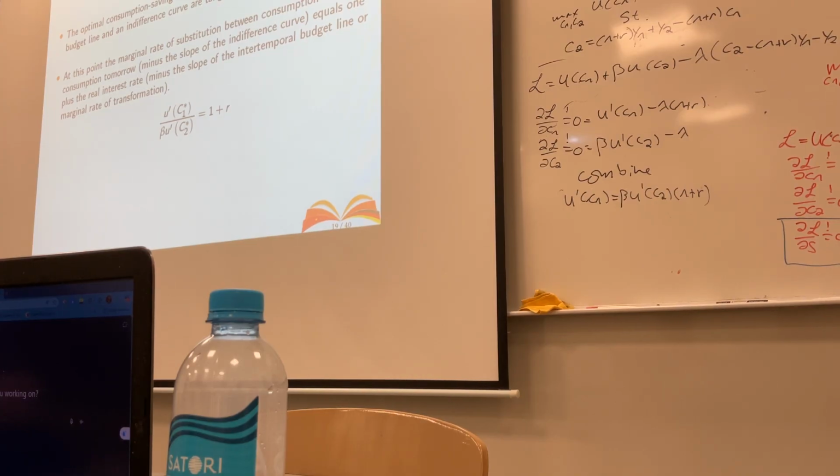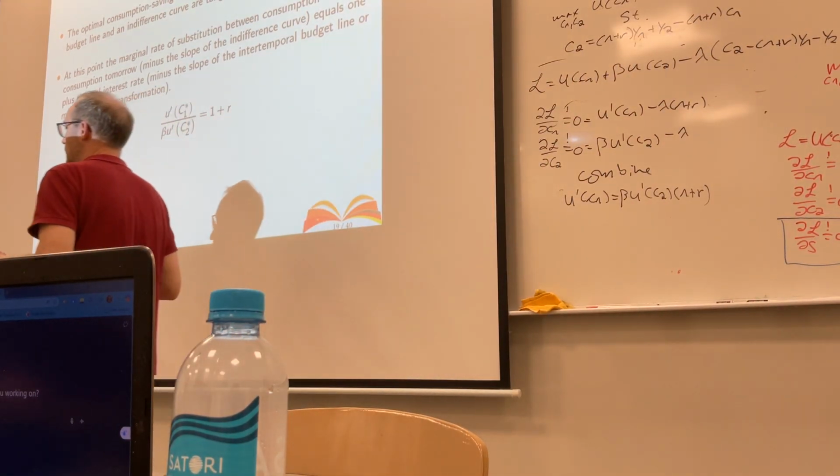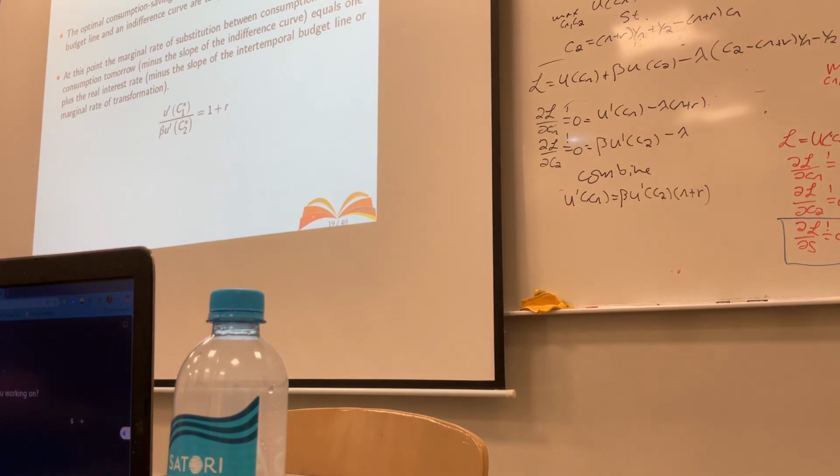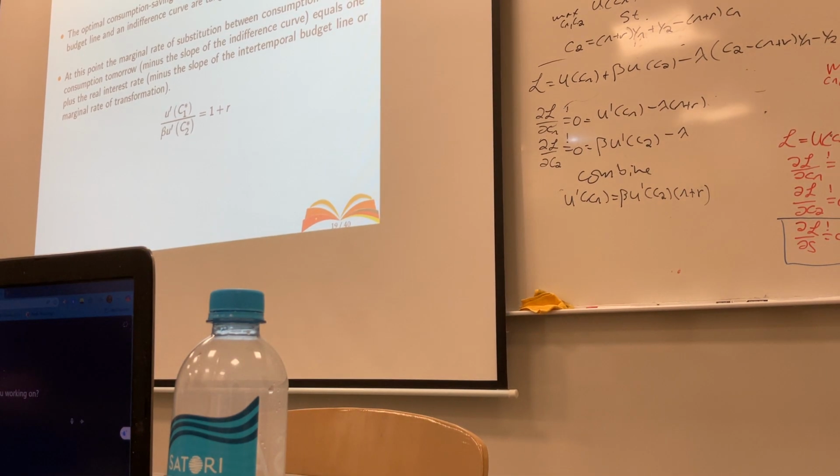And this tells me about savings. Well, I want to equate the shadow value of resources today with the shadow value of resources tomorrow, given the savings interest technology that we have.